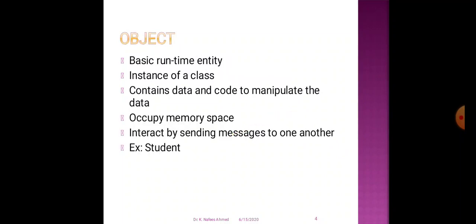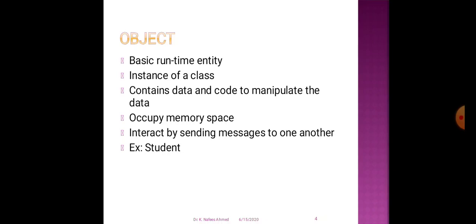Then we have a concept called object. So in general it is called a basic runtime entity. Object is nothing but a basic runtime entity or any real world entity, and it is also considered to be an instance of a class. That means once you define any class, we can create any number of objects for that particular class.